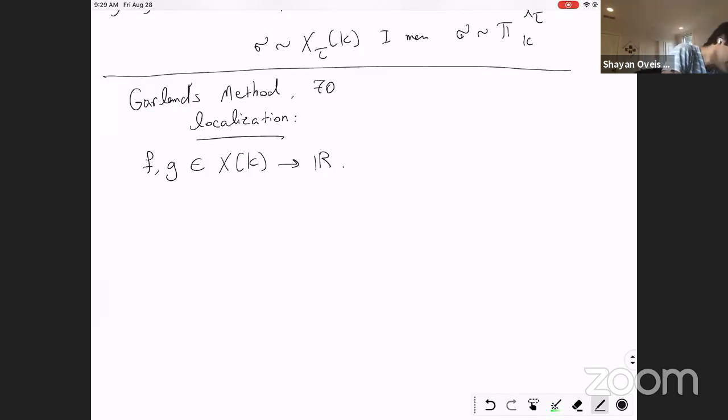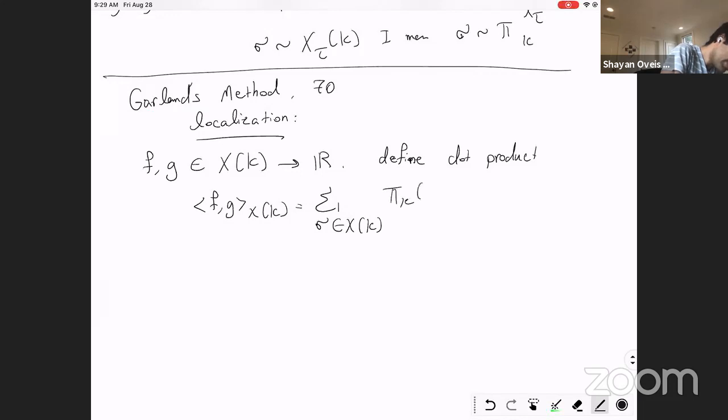We define the dot product between f and g as follows. It's equal to the summation over sigma in Xk of pi k of sigma times f of sigma times g of sigma.